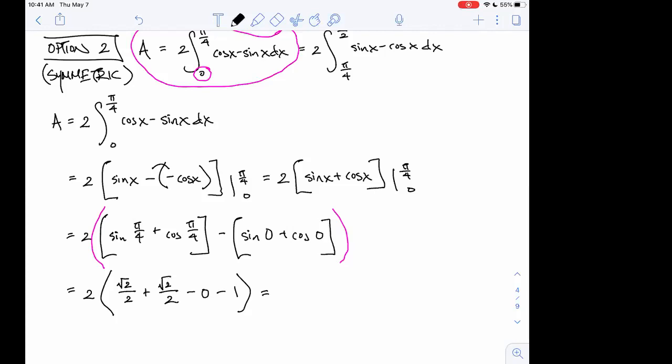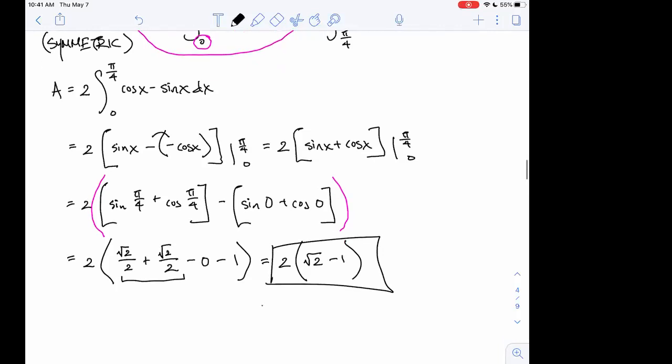And this is going to give me 2 times, and let's see, when I combine those two, I have a half of a root 2 plus another half of a root 2 is a whole root 2, and then minus 1. You could leave your answer like this, or you could distribute and have 2 root 2 minus 2 as your answer.